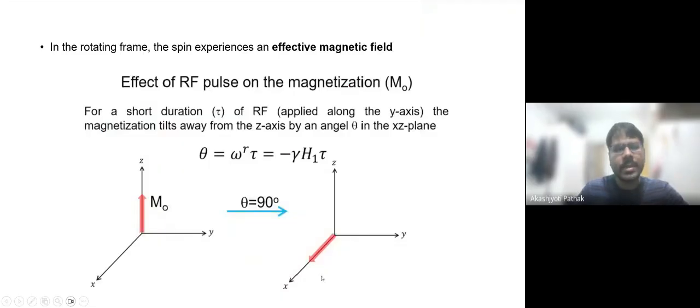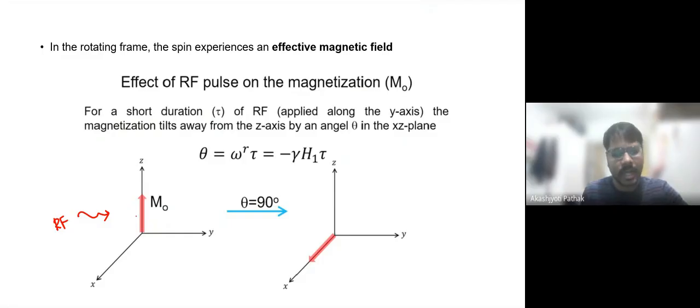Okay, so we had discussed the concept of bulk magnetization, equilibrium magnetization, in detail in week one itself. When we provide this short-duration RF pulse, the longitudinal magnetization changes. In the equilibrium state, your bulk magnetization is oriented along the z axis, right?